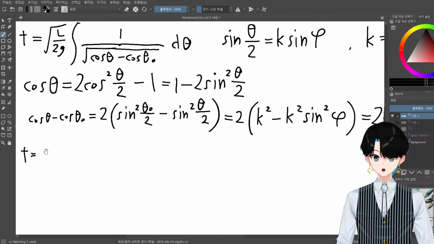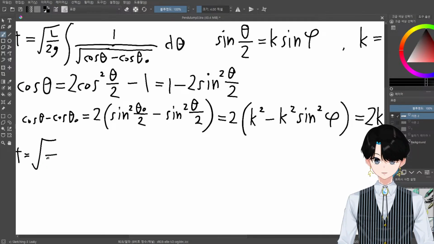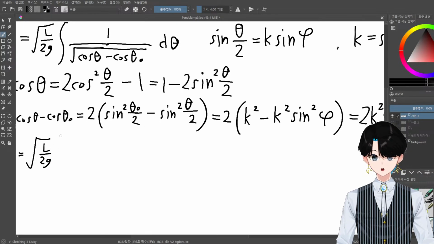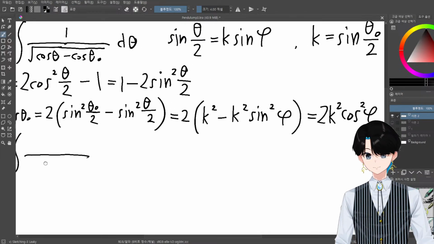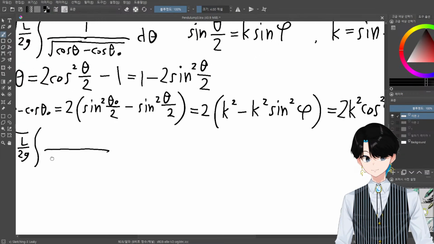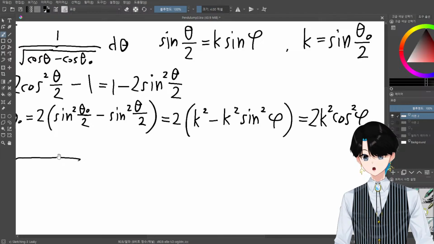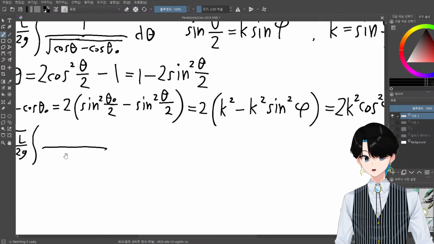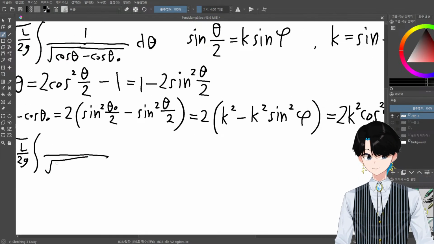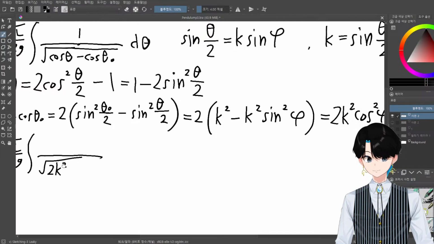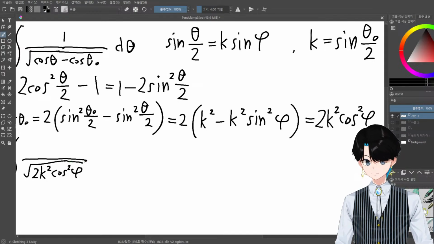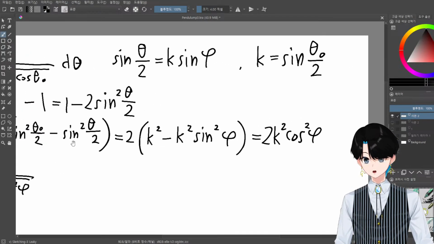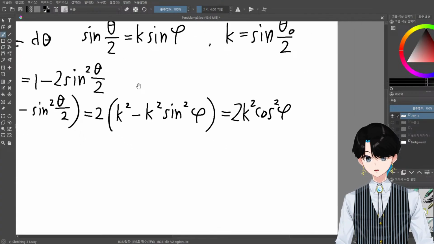Then it will be L over 2g, integral of root 2k squared cosine squared phi. And we also have to consider the d theta too.